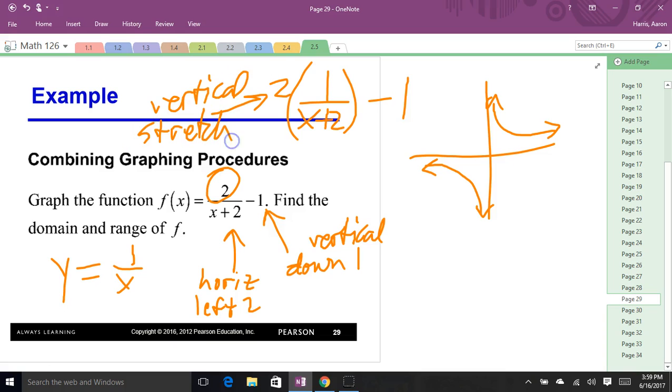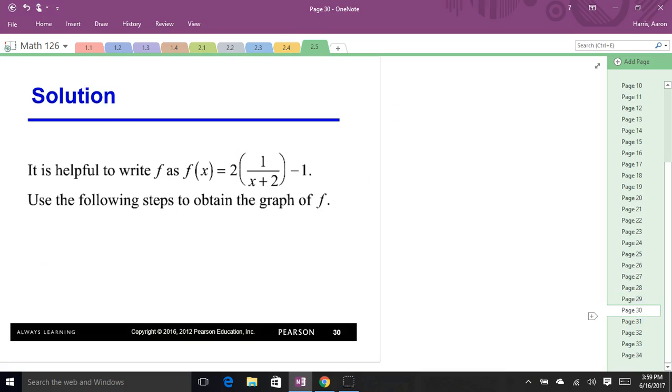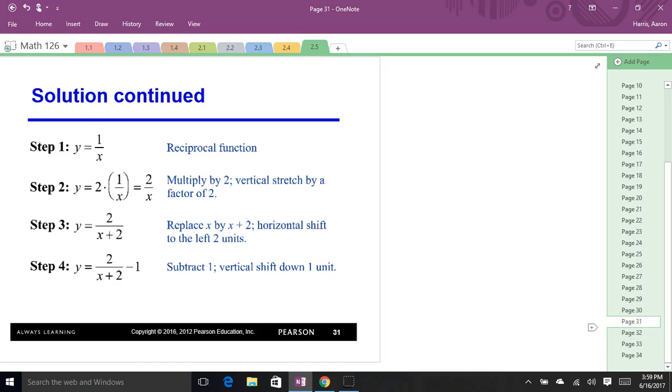It stretches it out, moves it left 2, down 1. That's what you're going to be looking at here, just showing you the printed form of that. Here's your original, and that's showing the vertical stretch. Now you're replacing x with x plus 2, so this is the horizontal shift left 2, and finally the down 1.